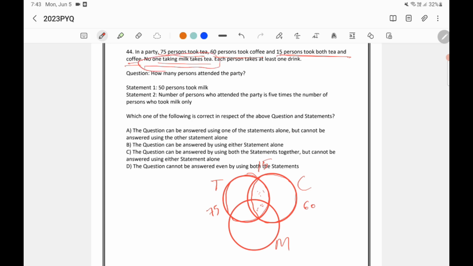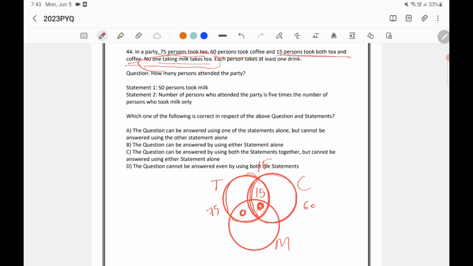That means milk and tea won't be having anything in common. So the intersection of milk and tea will be having 0% because if the person takes milk, he will not take tea. So here 0 will come because this is an intersection of milk and tea. Here also 0 will come. We already told that total here is 15. Since it is 0 here, 15 will be here.